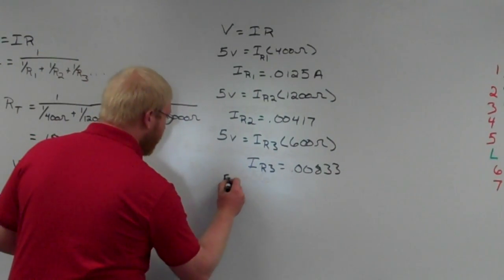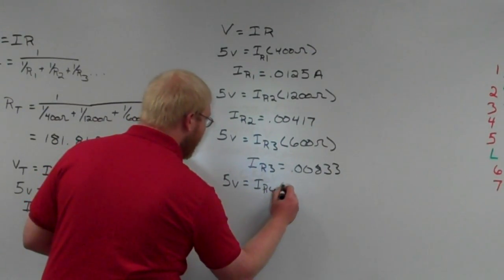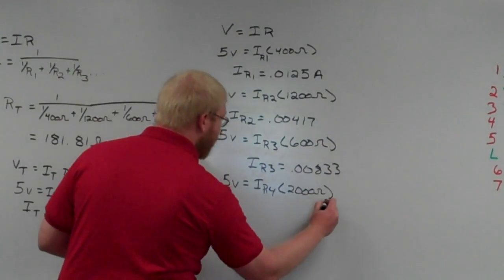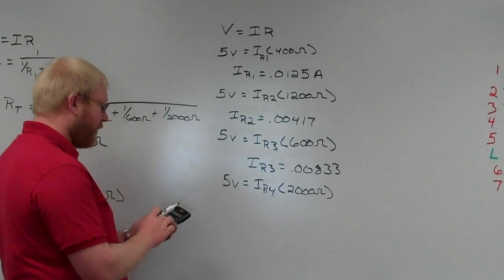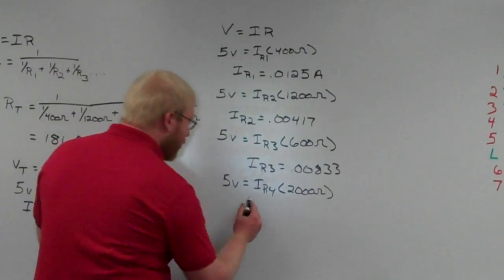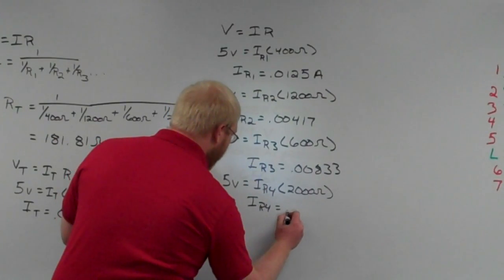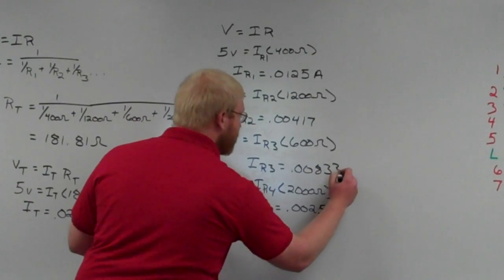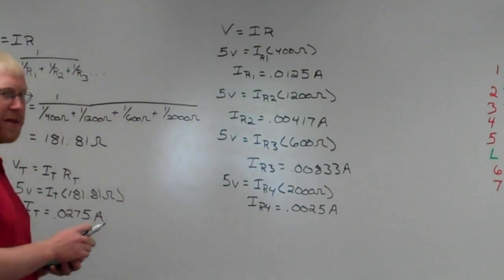So 5 volts again equals current at resistor 4 times 2,000 ohms. Notice once again I took it out of kilo ohms to 2,000 ohms. And once again I take my 5 volts divided by my 2,000 ohms, and I find that current at resistor 4 equals 0.0025. Now I have to make sure to label all my answers, because a non-labeled answer isn't going to do me any good. I don't know the units I'm dealing with.